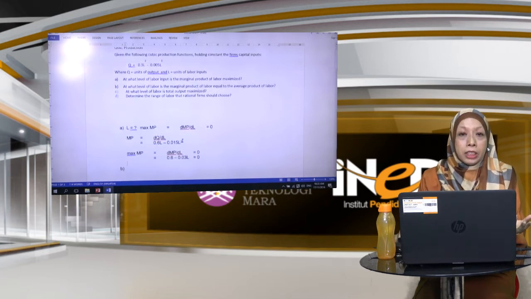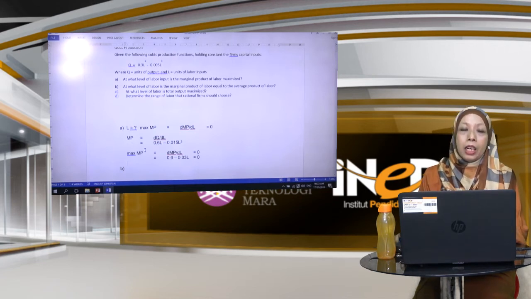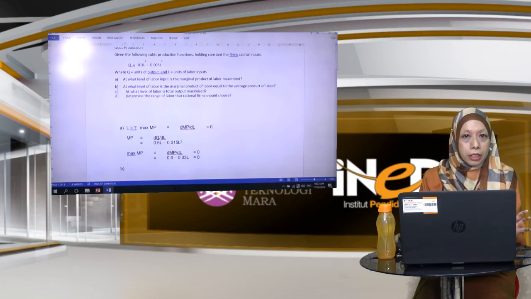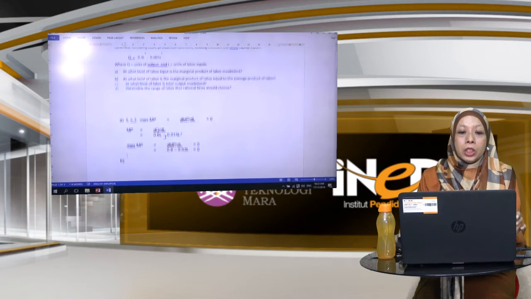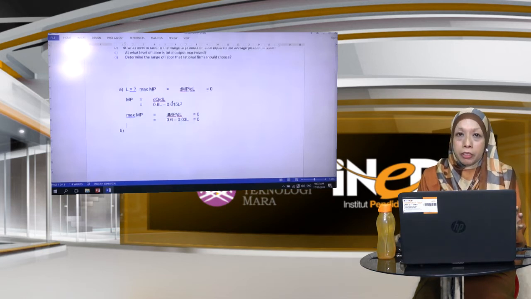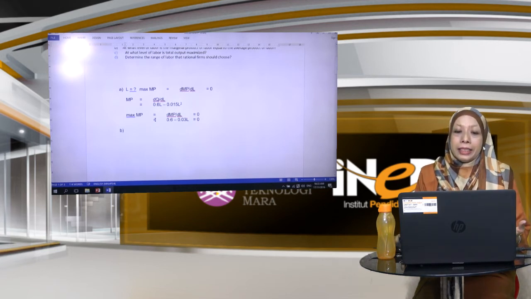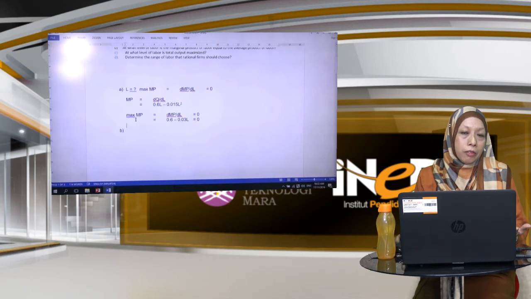So the first step requires you to find the marginal product function. In the lecture, you were told that marginal product is the derivative of the product function with respect to L. So the first time you differentiate is to derive the marginal product function. Then, looking at the question again, remember you are asked to maximize the marginal product function.